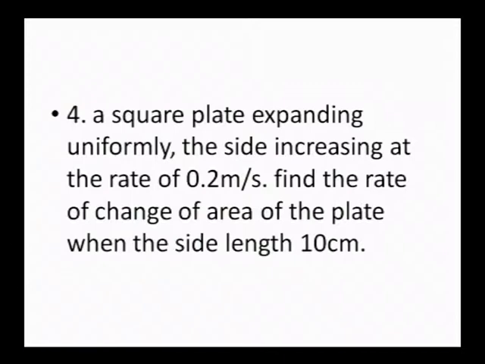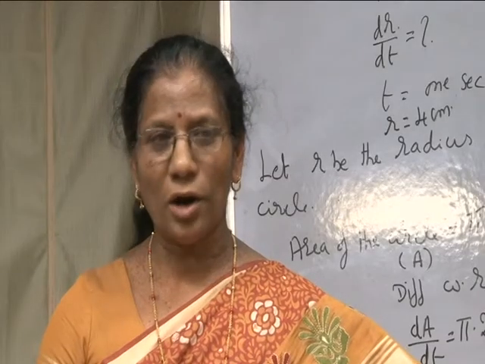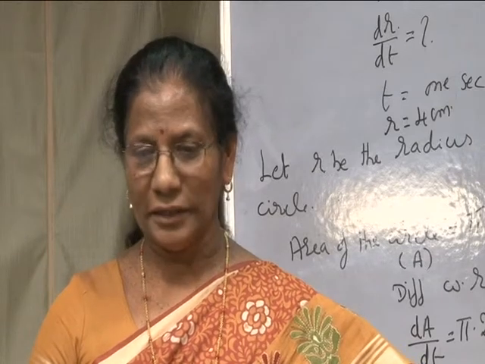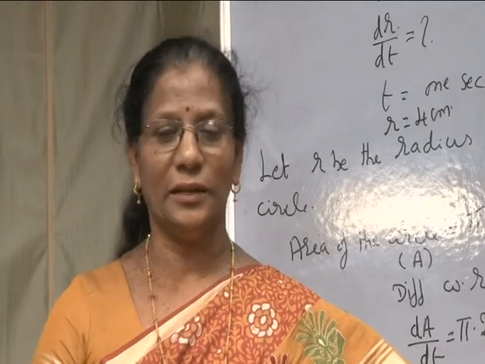A square plate expanding uniformly means the area increases, but he has given the side increasing at the rate of 0.2 meter per second. We have to find at what rate the area increases when the side length is 10 centimeter.